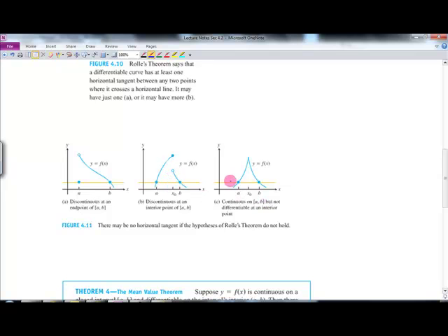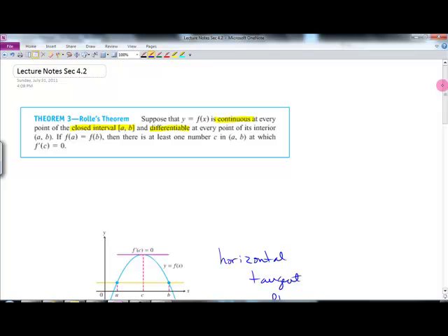And this one, it's continuous at a and b, but not differentiable at an interior point. When you have a cusp like that, it's not differentiable there. So when you look at that main definition, there were several conditions that had to be holding. Okay, so you might want to go over that.